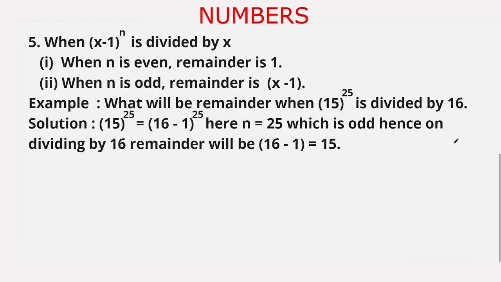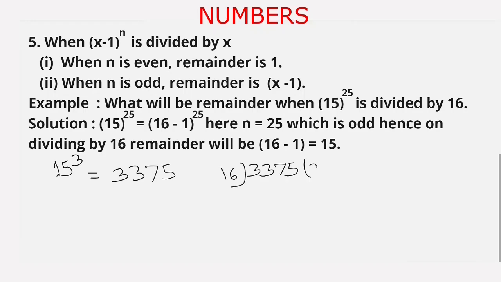And we can understand it by one easy example. 15 to the power 3, which is odd, is equal to 3375. And when we divide 3375 by 16, 16 times 2 is 32, balance is 1, we carry 7, it becomes 17, 16 times 1 is 16, remainder is 1, we carry 15.